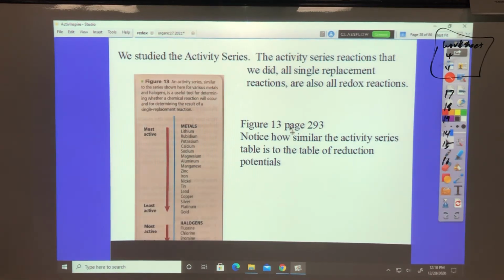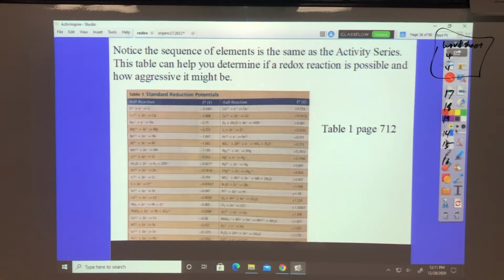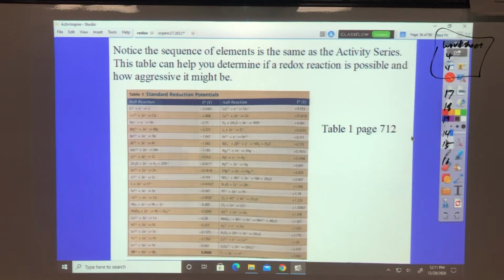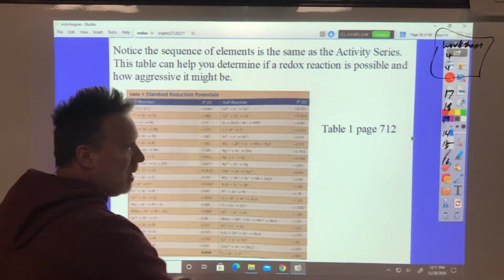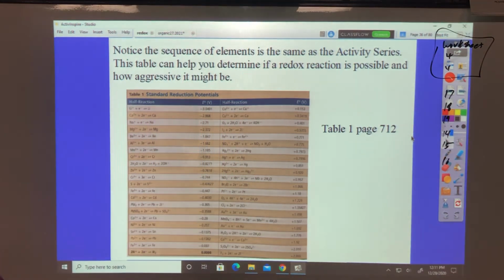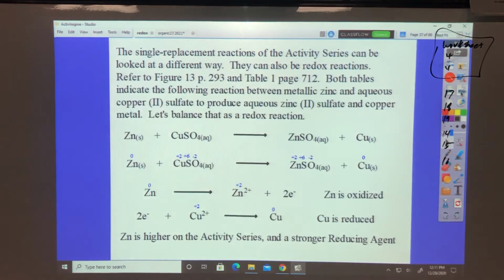We did this last year with that lab on activity series. If you look at this reduction potential lab on page 712, it starts with lithium and goes to the less reactive metals the same way. This will help you determine if a redox reaction is possible and how aggressive it might be.